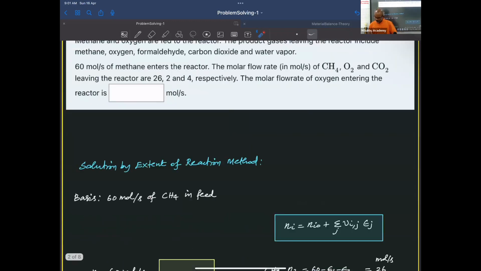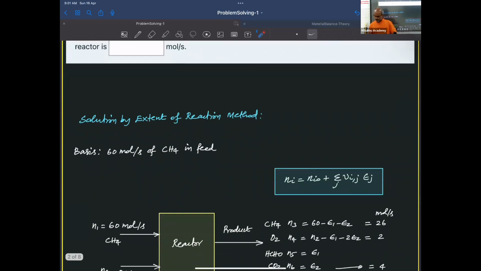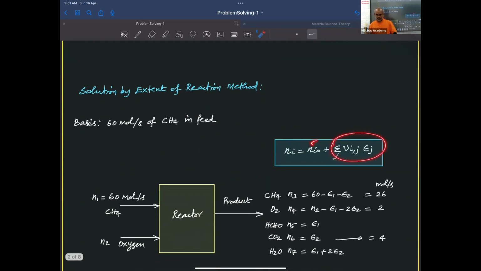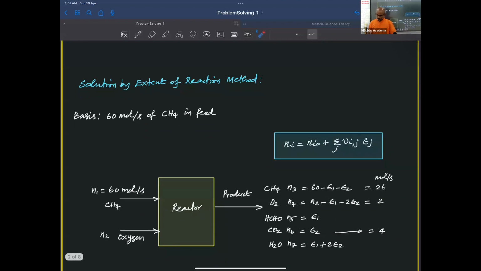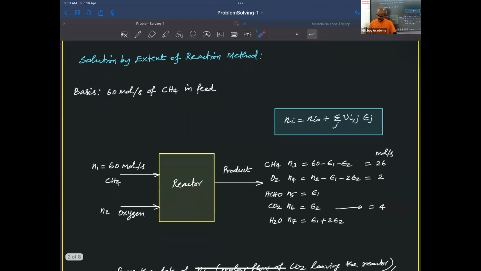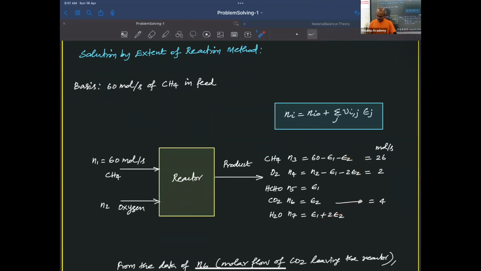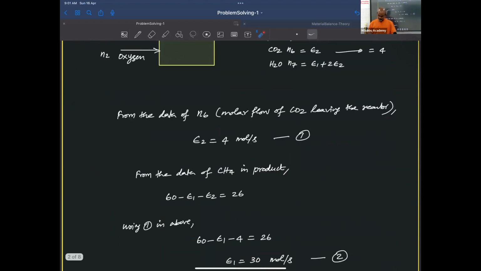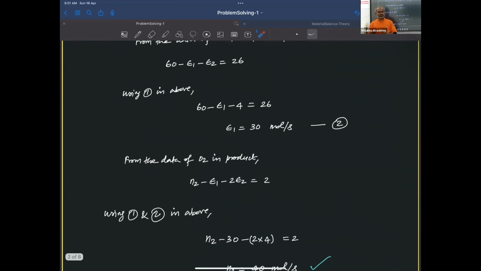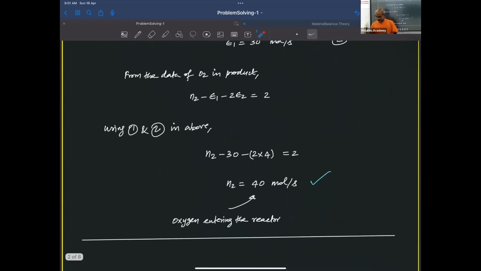Then for every component, you write the moles using the initial moles and the extent of reactions. These are all written for the components of this reaction mixture, and some data directly give the extent. Using that, we can solve for the other things.